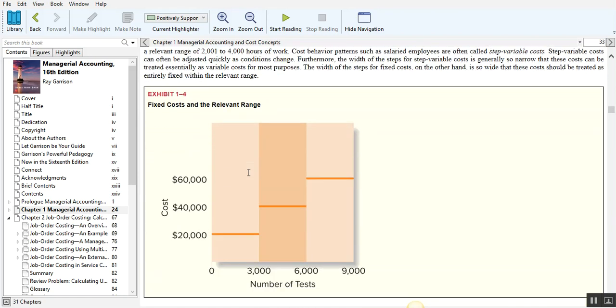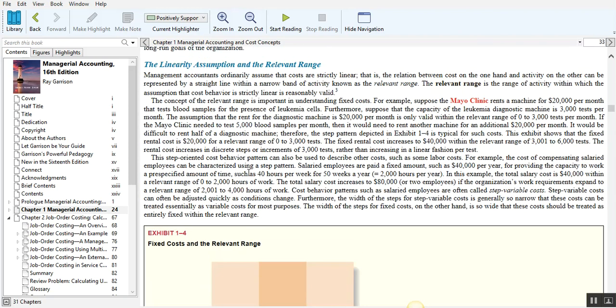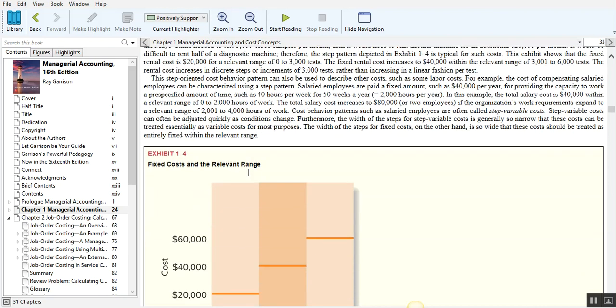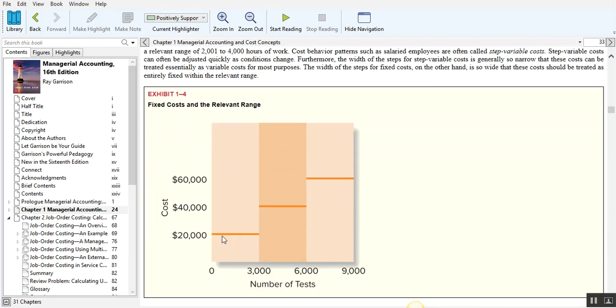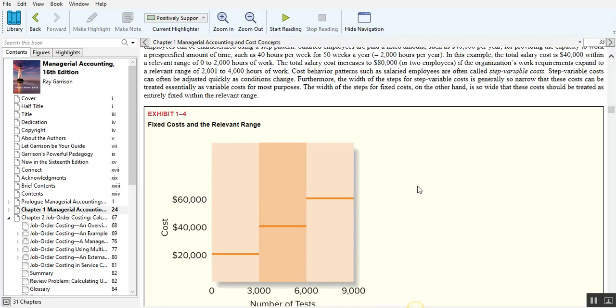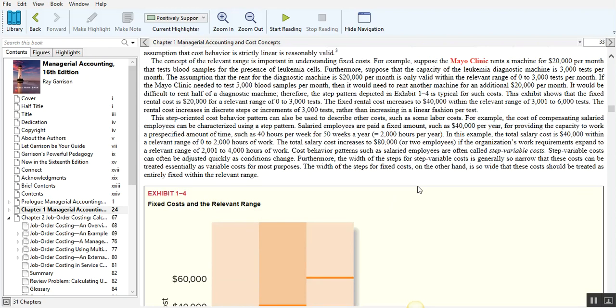Now, we have fixed costs and a relevant range here. What we're saying is that you have a range of activity within which this fixed cost is going to happen. So this is almost like a mixed cost, but basically you're going to have a certain amount of fixed cost at a certain activity range. So in this example, they're showing a certain number of tests, and I believe this is from the Mayo Clinic.